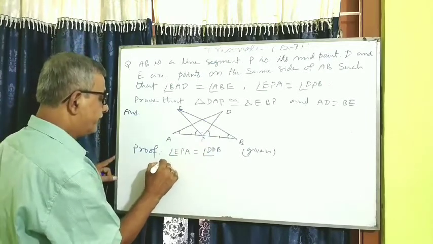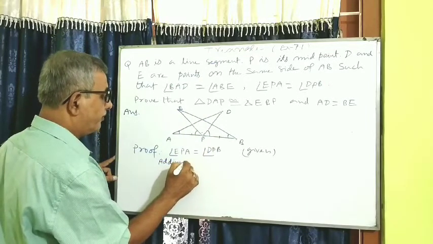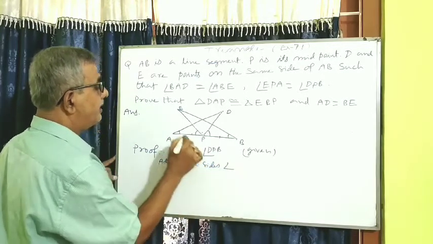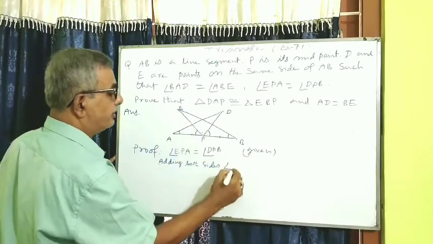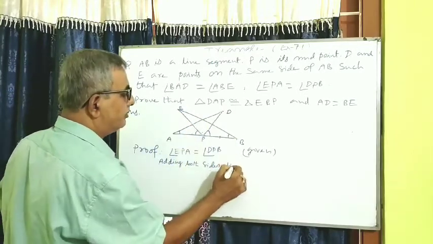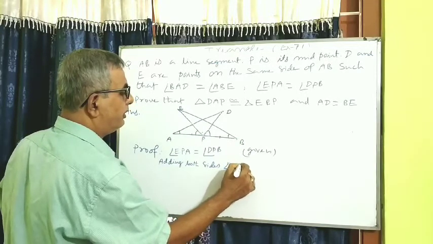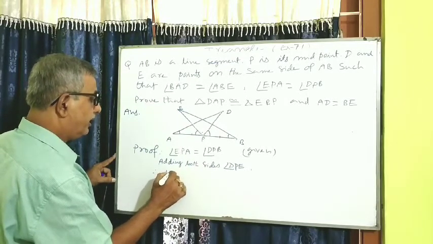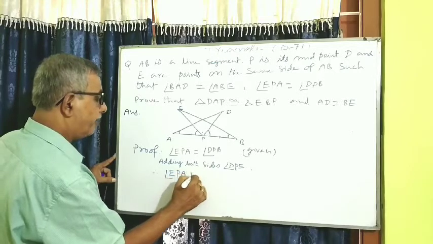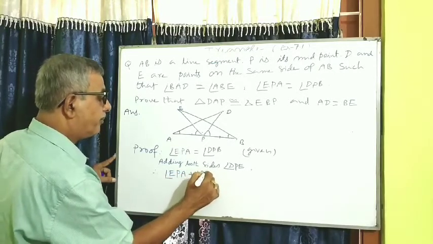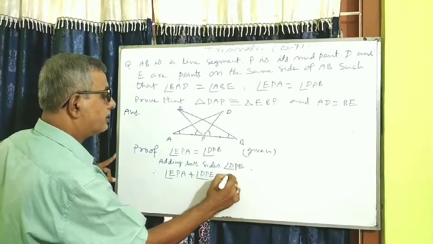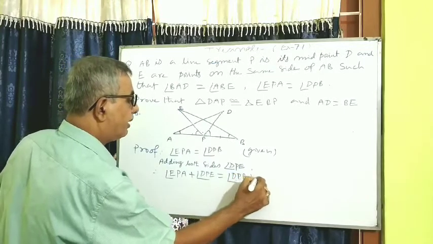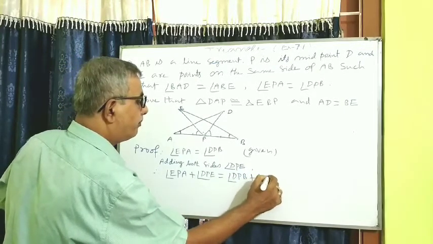Adding both sides, angle EPD or DPE, therefore you are getting angle EPA plus angle DPE is equal to angle DPB plus angle DPE.